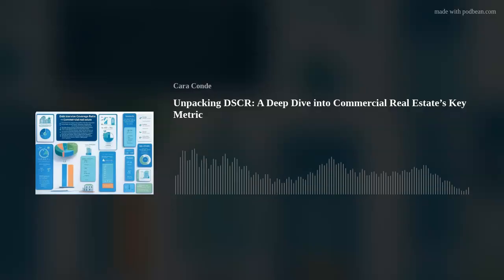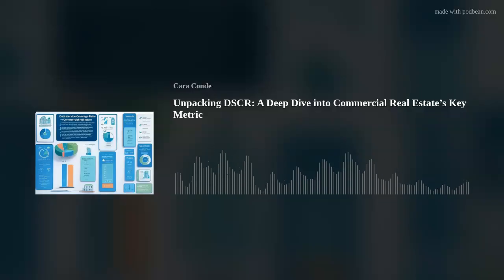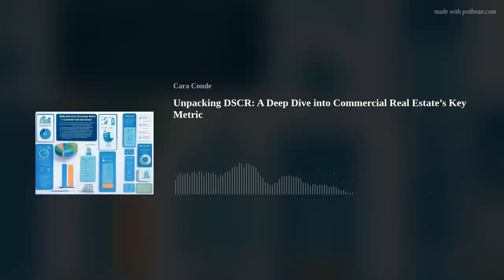That makes sense. And then, of course, there are external market forces that can have a big impact, too. How do things like rising interest rates affect a property's DSCR? Market changes like interest rate hikes can really hurt a property's DSCR. So Cara Conde gives an example where interest rates go up in 2025 and a property's annual debt payments increase by $30,000. Oh, wow.